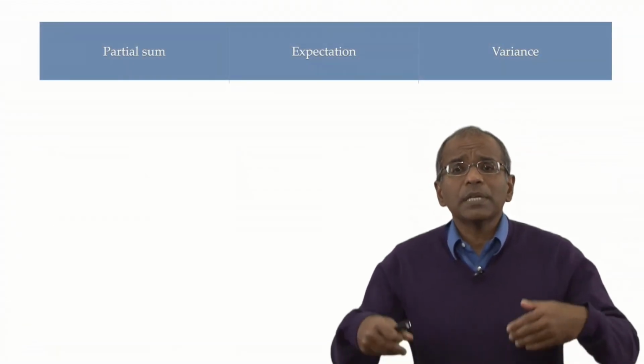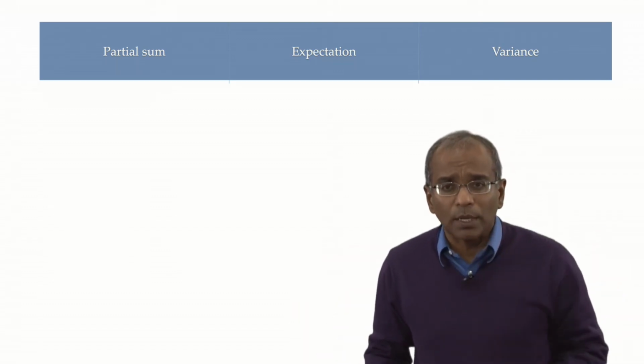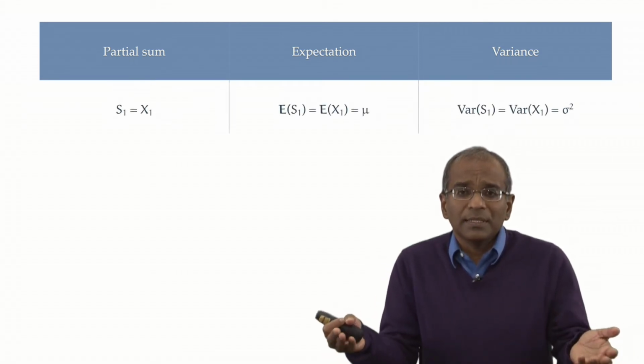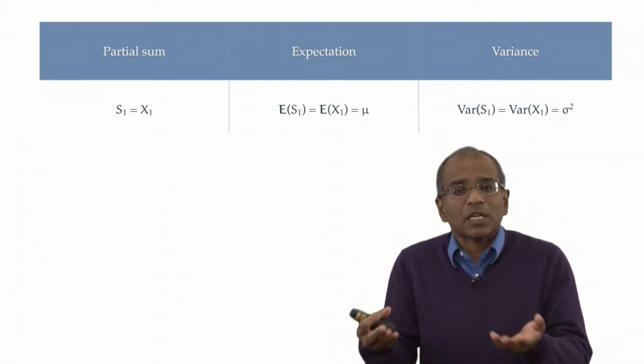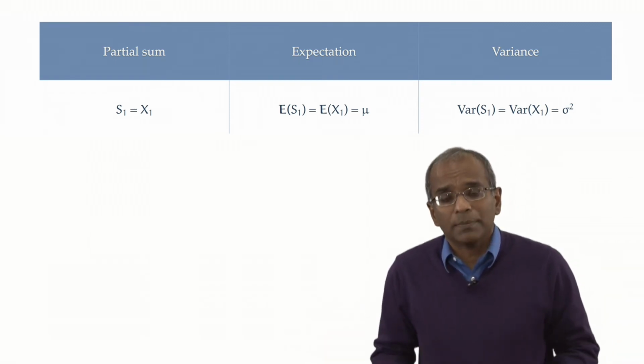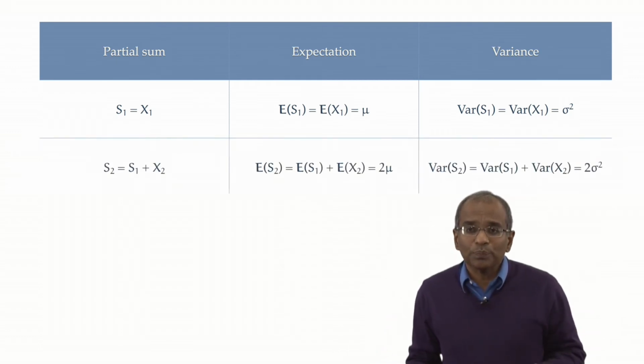With this key observation under our belt, now let's go ahead and see what happens to expectations and variances for the partial sums. So let's build up a story one step at a time, starting at n equal to 1. Well, S1 is x1, so this is trivial. The expectation of S1 is the same as that of x1. It's mu. The variance of S1 is sigma squared. The first non-trivial case is S2.